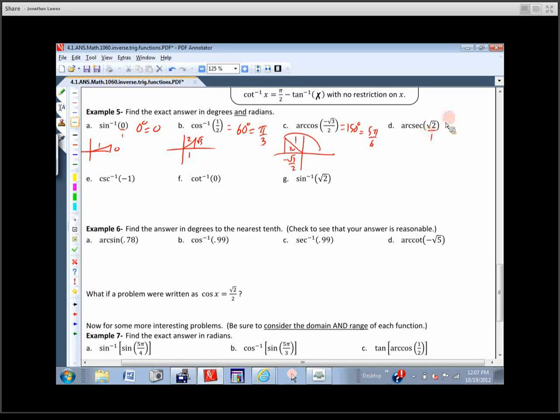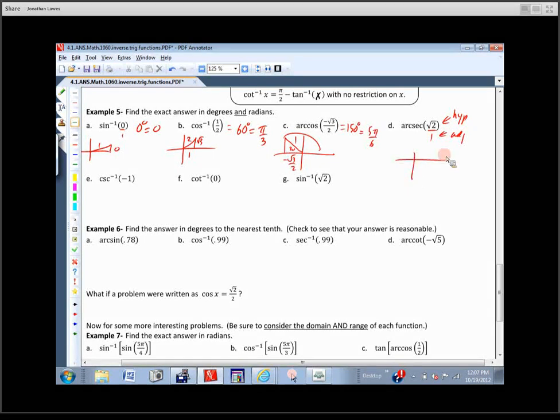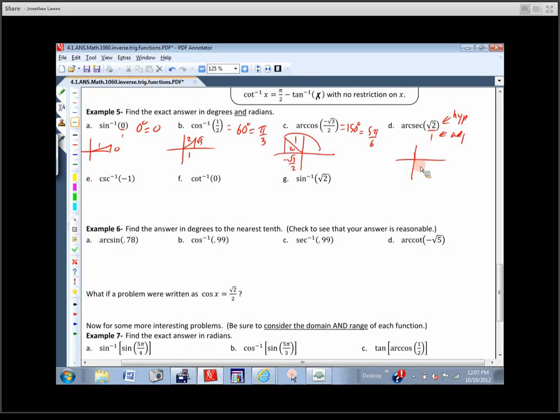Or we can just think of this as the inverse of cosine, so this is the hypotenuse, and this is the adjacent. So where would we be? Radical 2, that's 1, so we're going to have 45 degrees or pi fourths. Okay. Any questions so far?